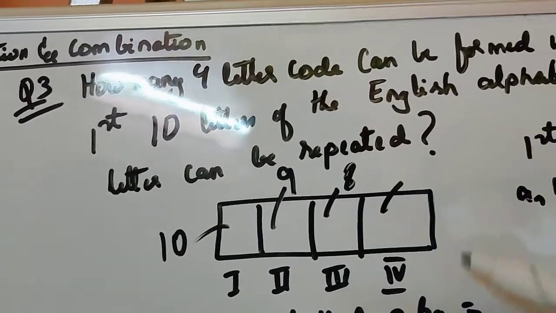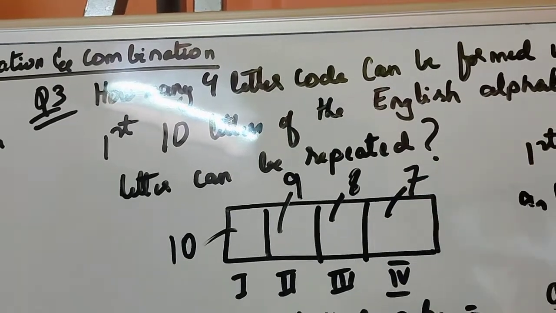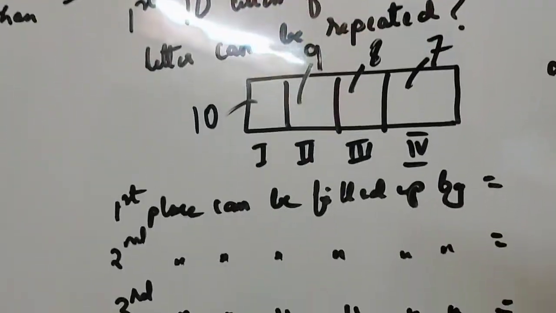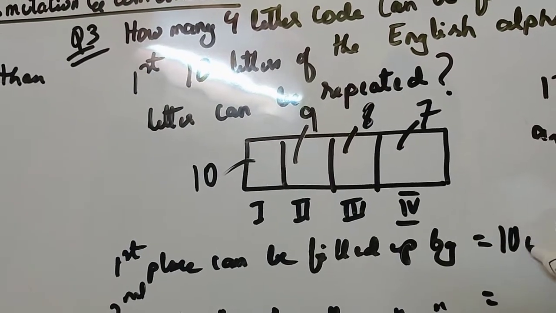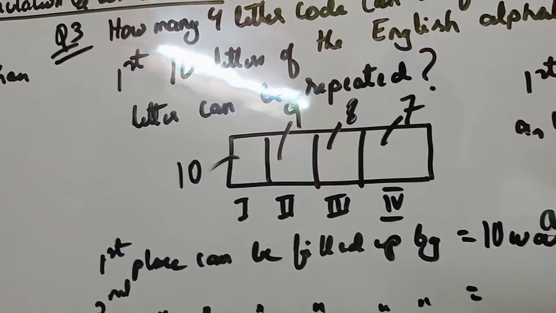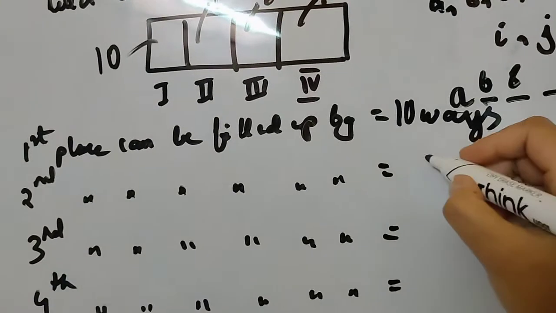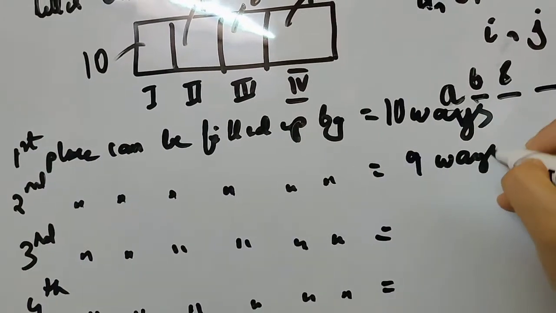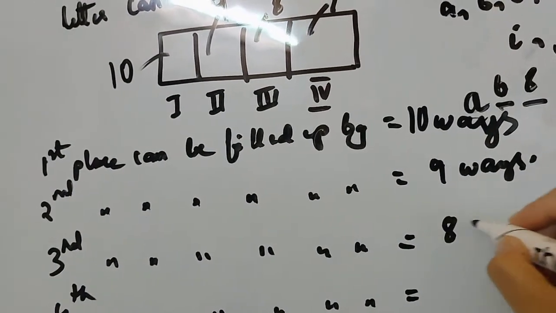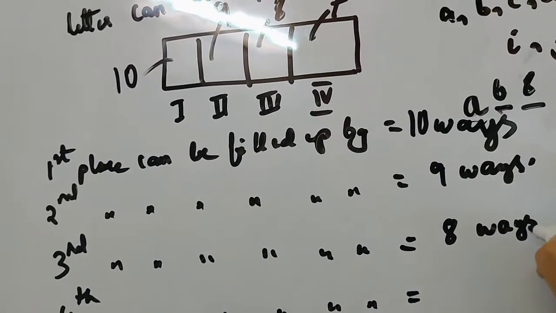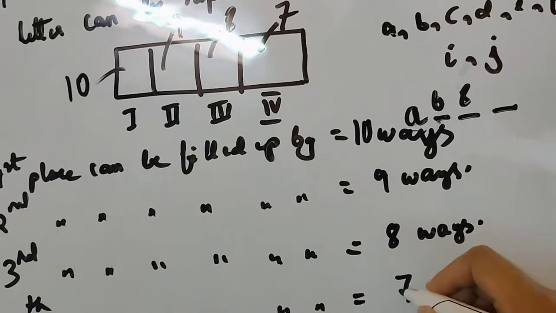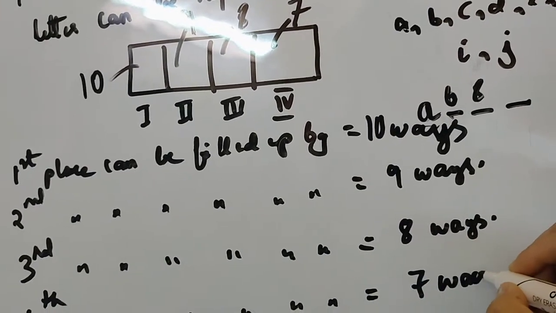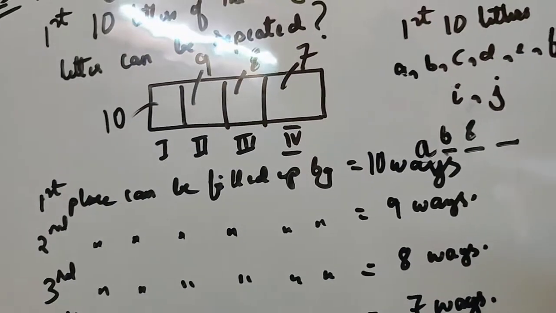Similarly for the fourth one, it will be only 7. So the first place can be filled up by 10 ways, you write down the sentence. Now the second place can be filled up by 9 ways, and the third place by 8 ways, or you can write 8 letters. The fourth place can be filled up by 7 ways or 7 letters. You write according to the question.